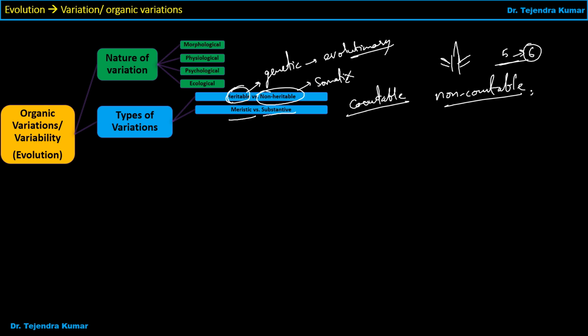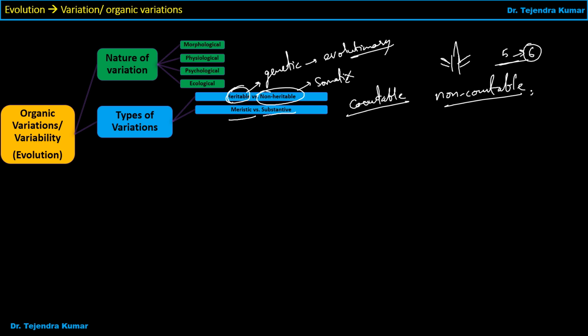Similarly, in hair color we see many types: black, brown, blonde. Sometimes persons have different shapes and sizes of nose, ears, eyes, and height of the body.